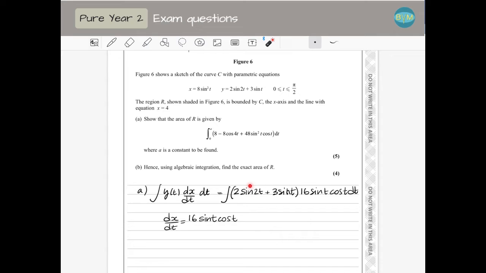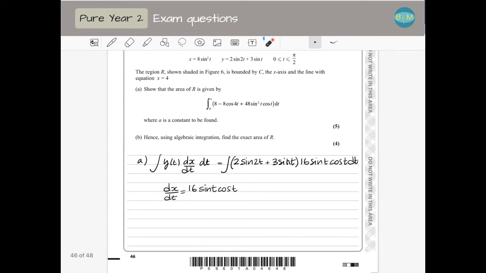And this part, when we multiply by this part of the bracket, is a bit less straightforward. So let's see how we can convert 2 times 16 sine 2t, and just expanding the bracket, sine t cos t, into this thing here.